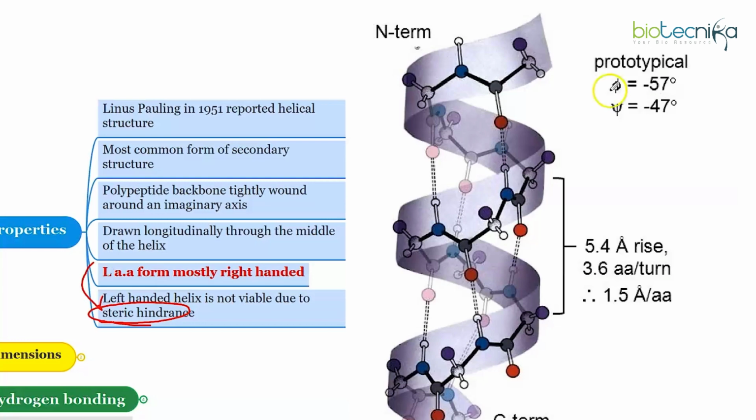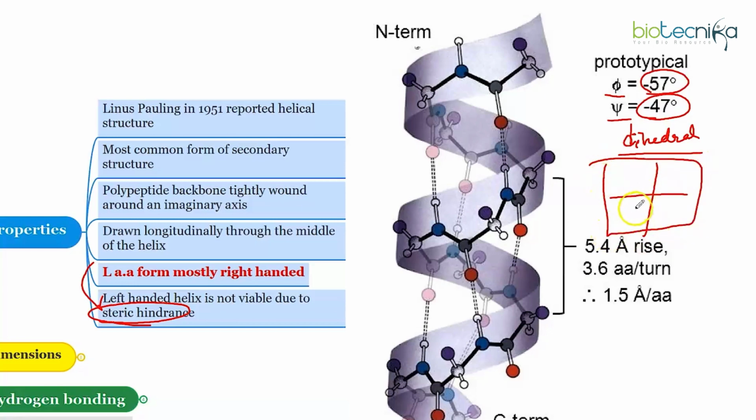You all must be aware of phi and psi angles. These are the dihedral angles, and in alpha helix the dihedral angles are also fixed, and they range in the negative. Phi will be negative, psi will also be negative. So if you have the Ramachandran plot, you can expect them to be present in this quadrant.